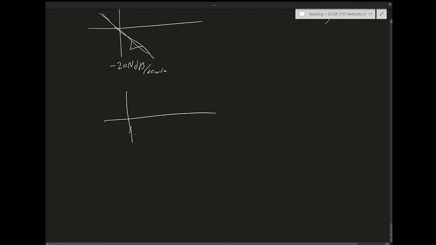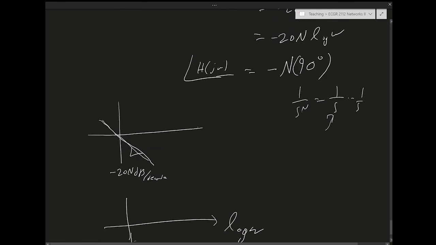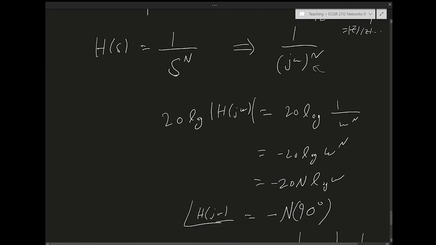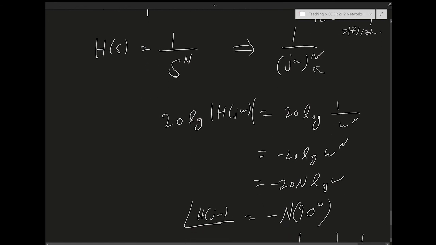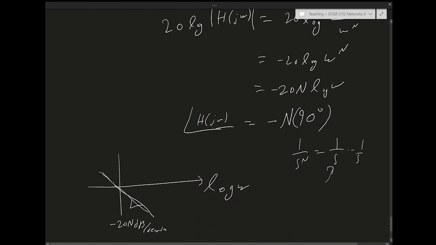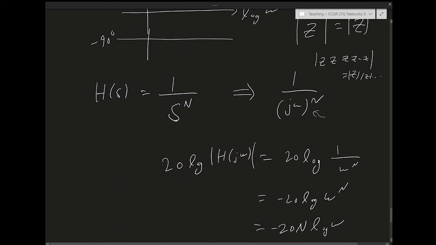So I end up with a phase of minus 90 degrees times n. This is all with respect to log omega. So you could think of plotting 1 over s to the n as just plotting 1 over s, n times, and then adding them all together, or we could just derive it directly here. It follows both ways.